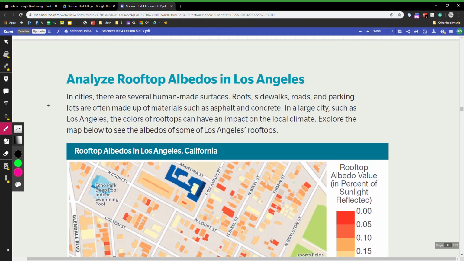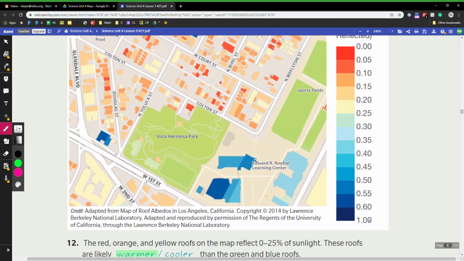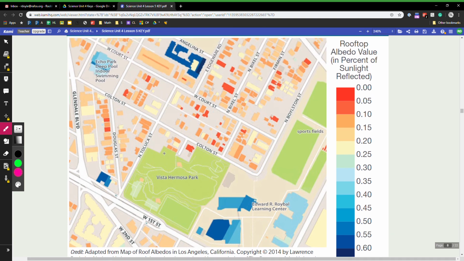Then we have analyze rooftop and albedos in Los Angeles. It has this nice little chart where it shows the colors, right, of the rooftops, and that represents the percent of sunlight that's being reflected. So the more blue it is, the more sunlight is being reflected.